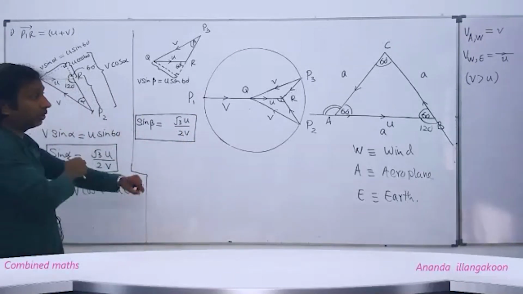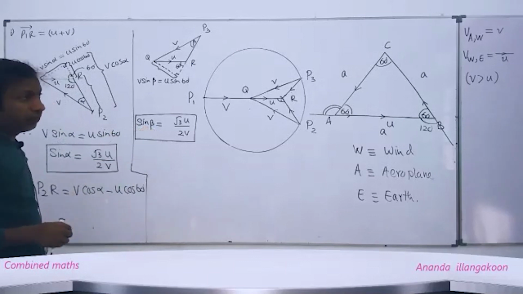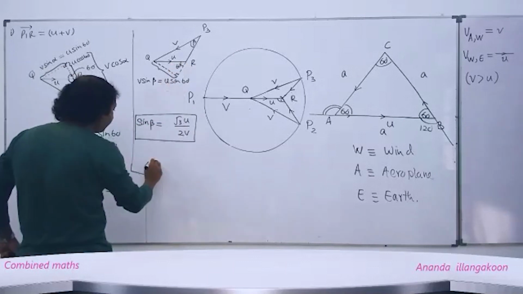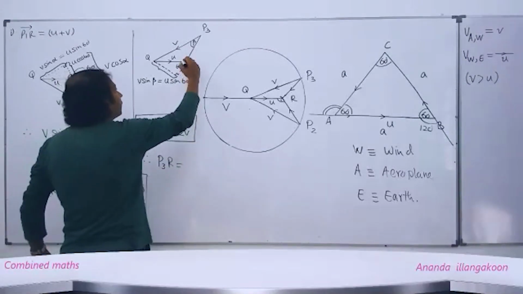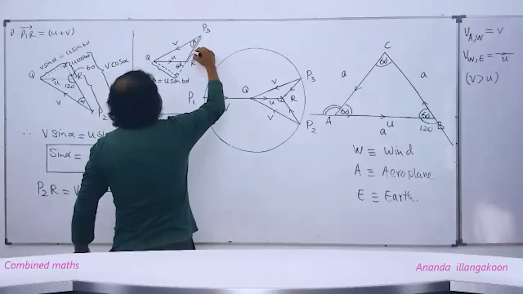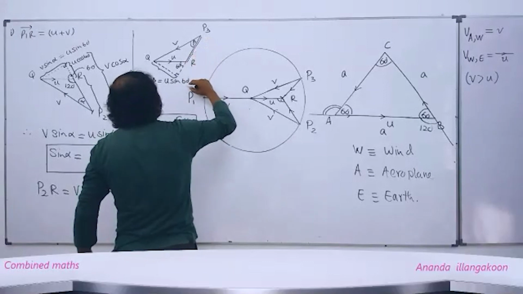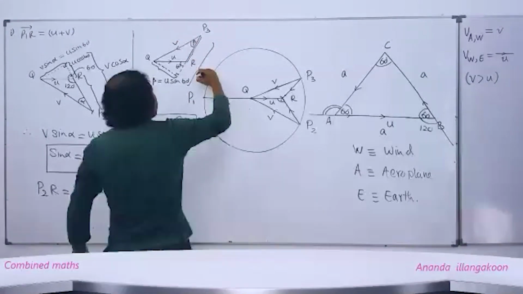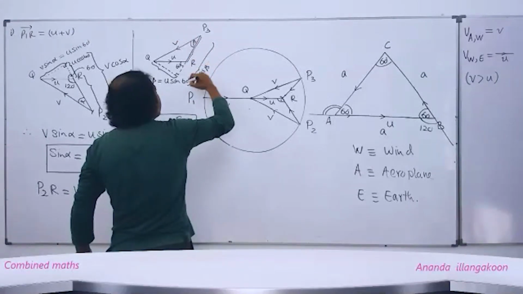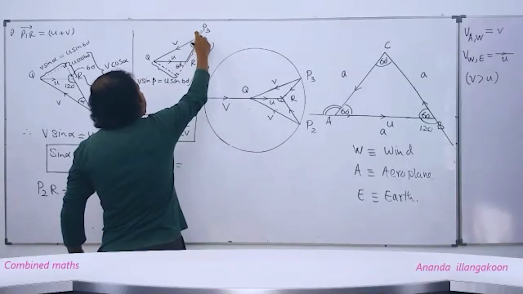Okay, now we can write this P3R. Therefore, P3R is what? From this whole length, what is that? V cos beta. Whole length means this, no?